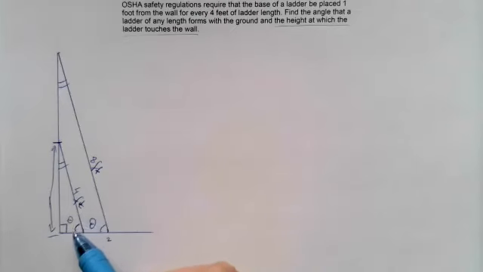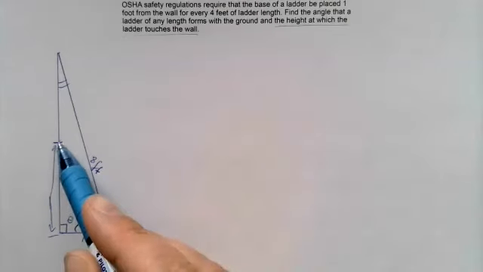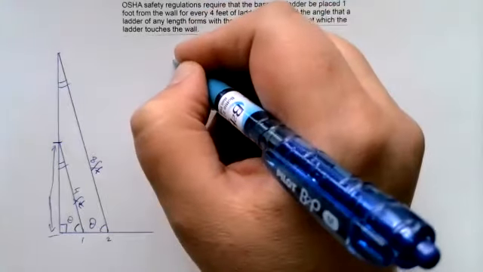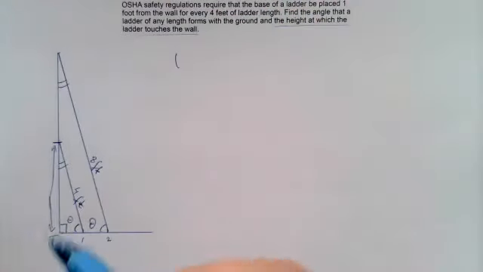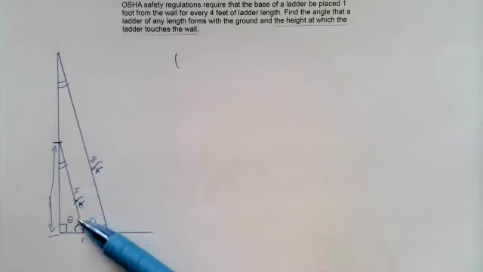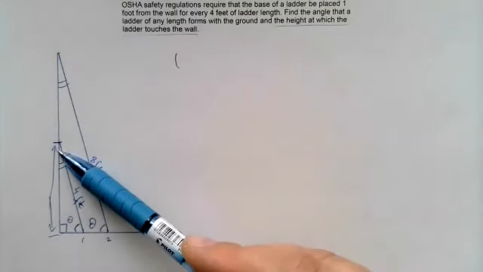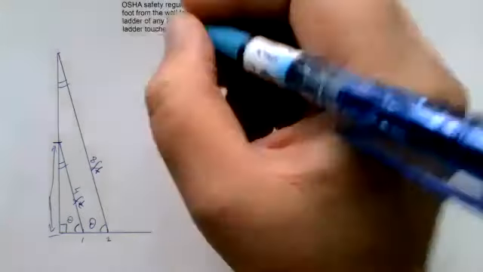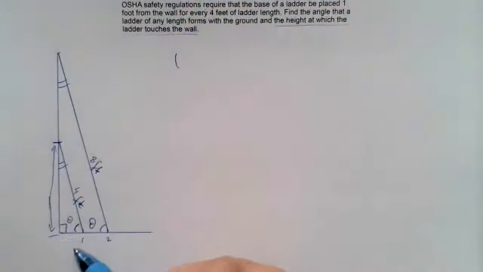So for angle theta, we know that this side is 4, this side is 1. So we know tangent, right? Oh, actually, sorry. So we know this side and we know the hypotenuse. We don't know that side. So which trig function of theta involves the adjacent and the hypotenuse?